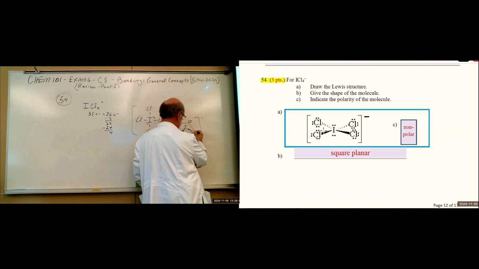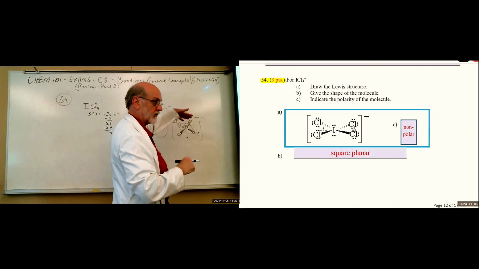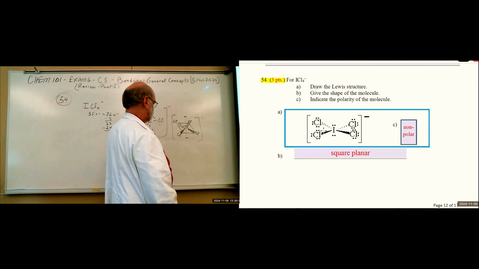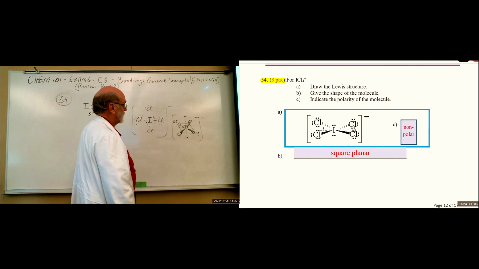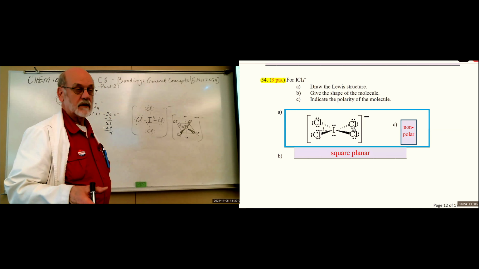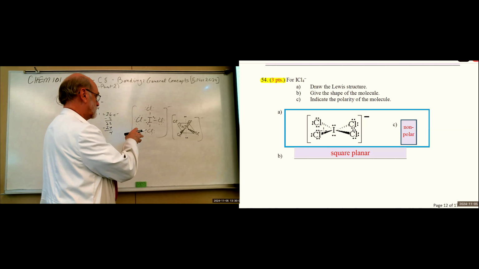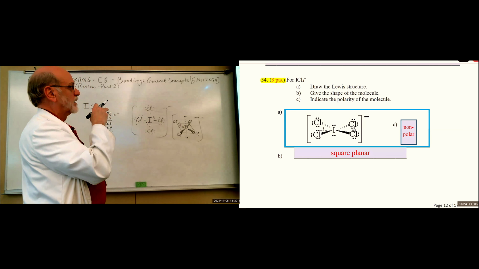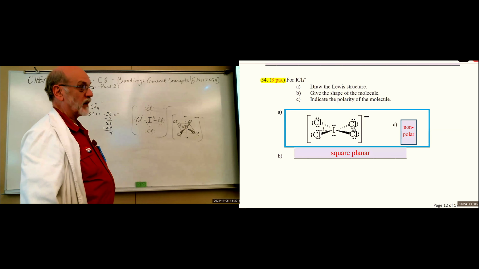And these would be that, showing going into the board. That's why it's drawn that way. And this would be a nonpolar molecule. That would be the Lewis structure. It'd be nonpolar, and it would be square planar.